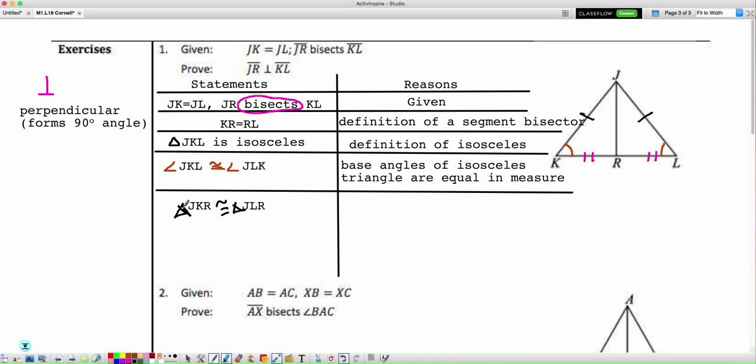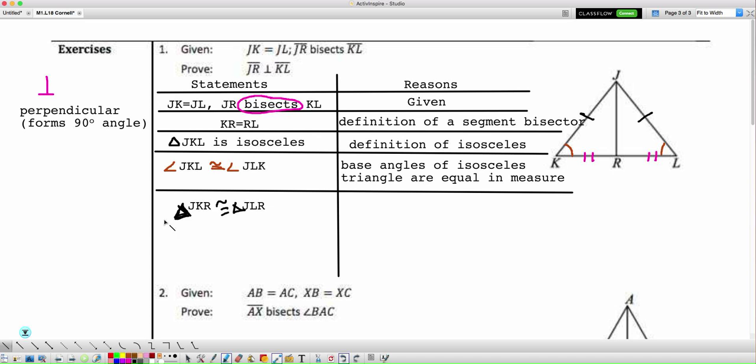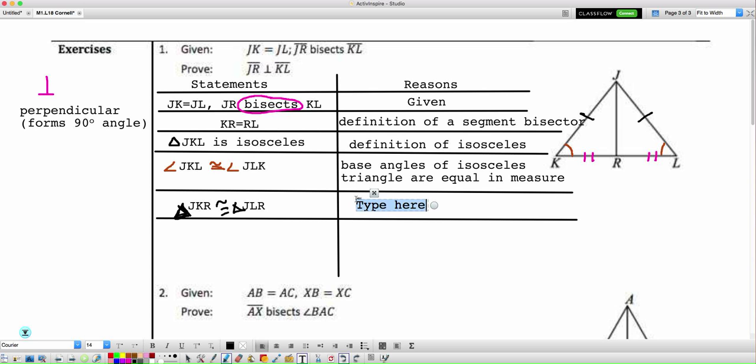Notice that I could tell the order of letters based on what corresponds to what, right? So I know that this K should correspond to L. Those are both the middle letters, right? I know that JK, since I listed them first, should correspond to the side that it's equal to, JL. So I would list JL first. So hopefully we have not forgotten that. So I would say that that is true. My reason would be because they meet SAS congruence criteria. Or you could just say SAS congruence.